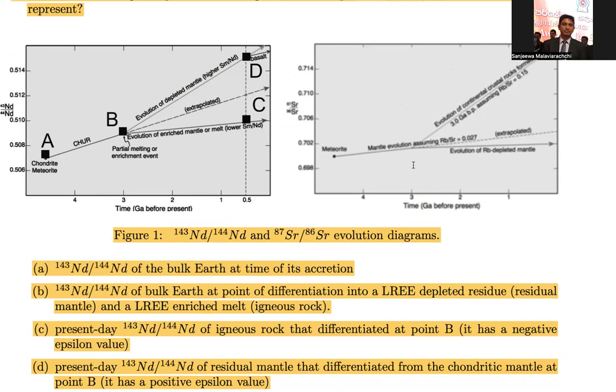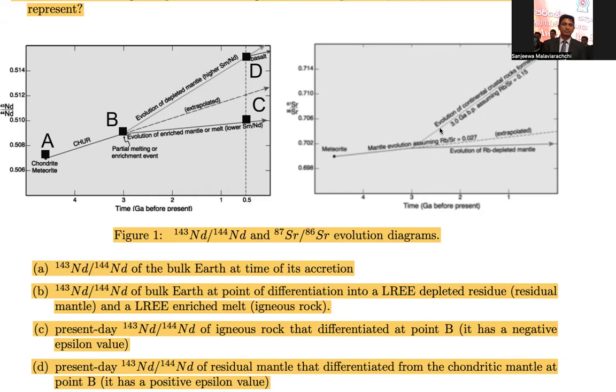Although rubidium is not indicated here, we need the rubidium strontium ratio for this slope, determined by the rubidium strontium ratio, right? Like in the first diagram, the slope determined by the samarium neodymium ratio, that is the parent daughter ratio.